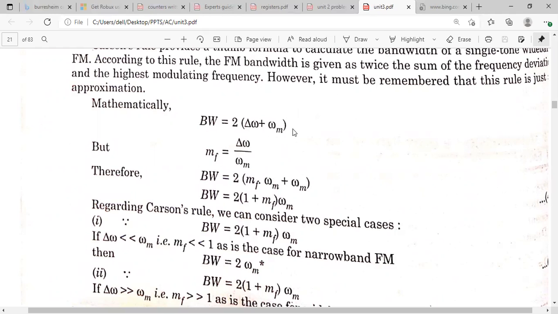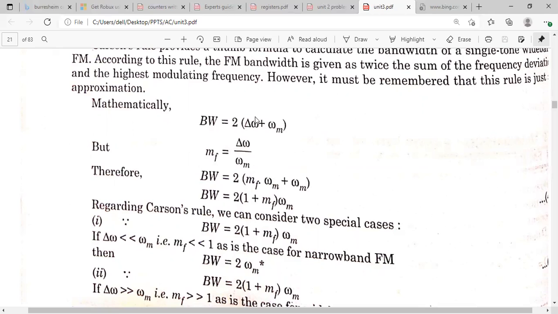From Carson's rule, omega m is the highest frequency component in the modulating signal, and delta omega is the frequency deviation. So the bandwidth depends on the frequency deviation and the highest frequency component of the modulating signal. This expression you can also represent in terms of the modulation index.